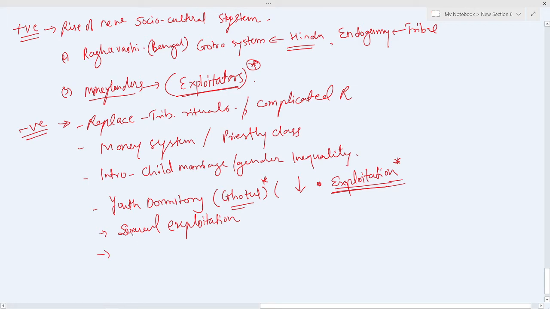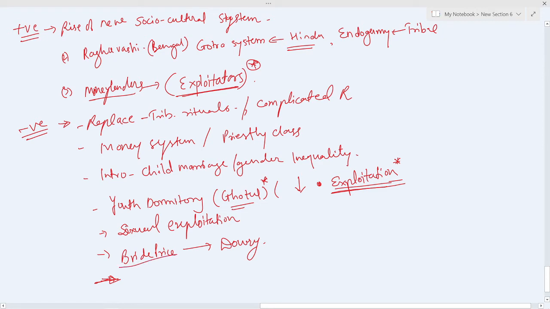Then there was a replacement of bride price with dowry, and the marriages between the tribes were costing a huge amount, and hence the formal institutions will not give credit to these people, and they'll go to moneylenders, and moneylenders will exploit them throughout life.